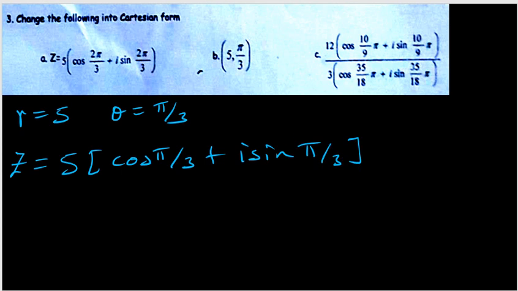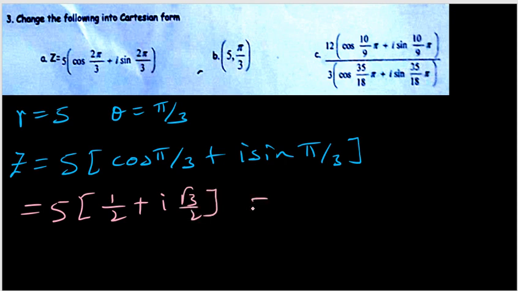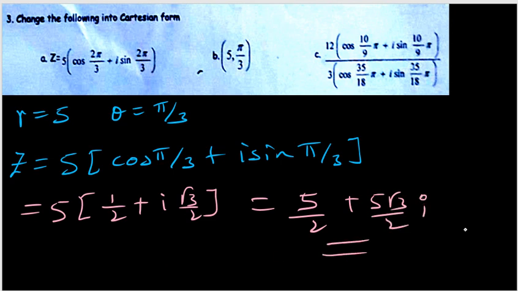As I said before, pi over 3 is 60 degrees, so 5 times cosine 60, which is 1 over 2, plus i sine 60, which is radical 3 over 2. So when you finish it, 5 over 2 plus 5 radical 3 over 2 i. That's going to be the rectangular form. And the last one for the third question.